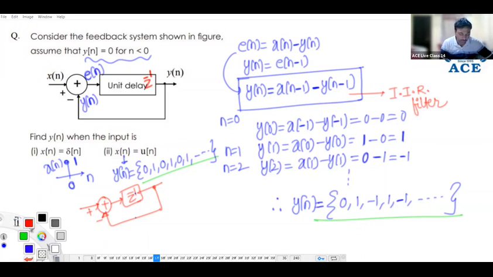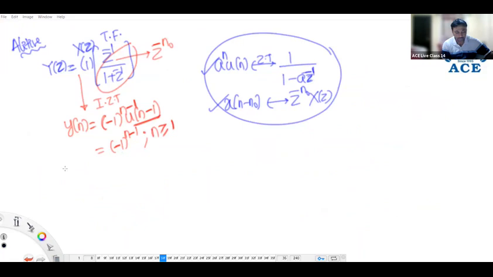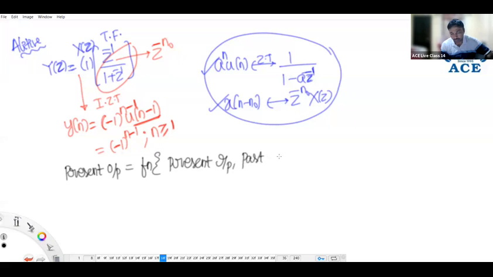What is the difference between an FIR system and an IIR system? If our present output is a function of the present input and past inputs only, it is a finite impulse response filter. No feedback will be there.